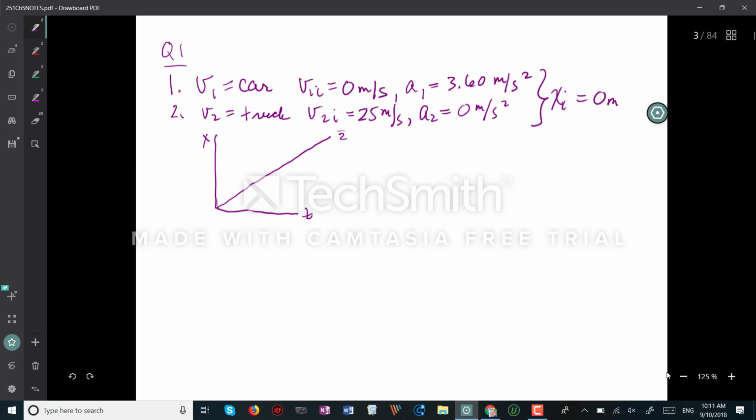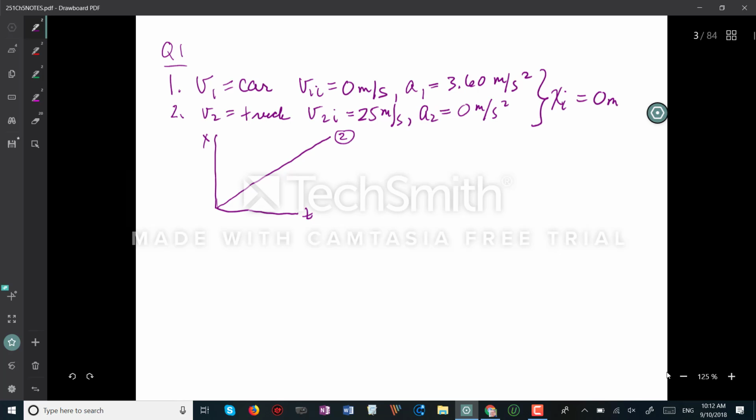So this is part 2. How about the car? What's its position versus time going to look like? A parabola. What would be some points I would be careful to show on my graph? What's its original position? 0.